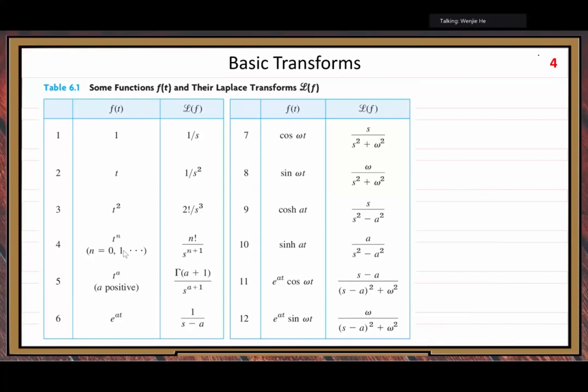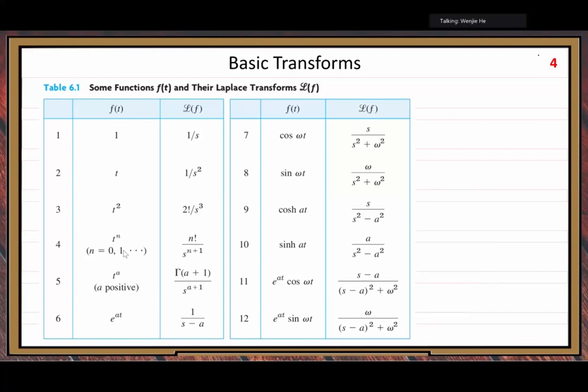Here, a is a positive number, but could be non-integer. In the previous slide, we calculated t to an integer power. But if the exponent is a non-integer number, then the calculation is not that easy.